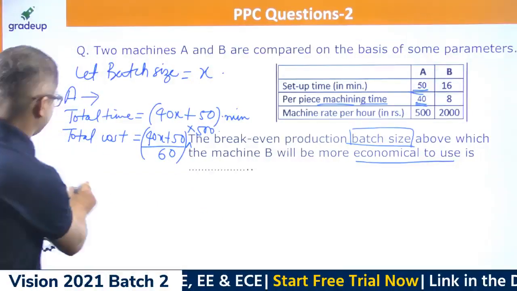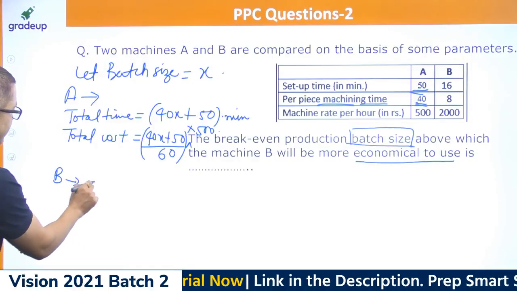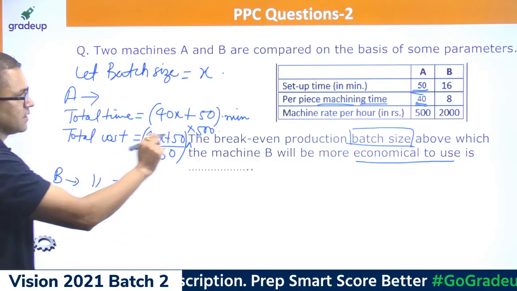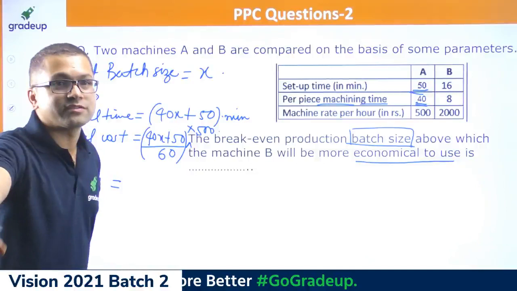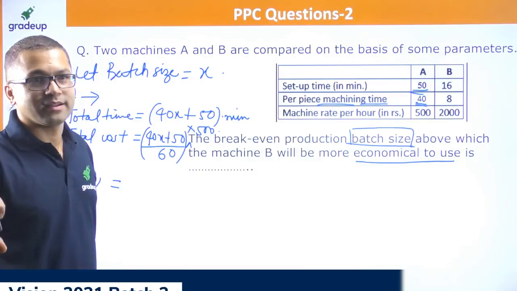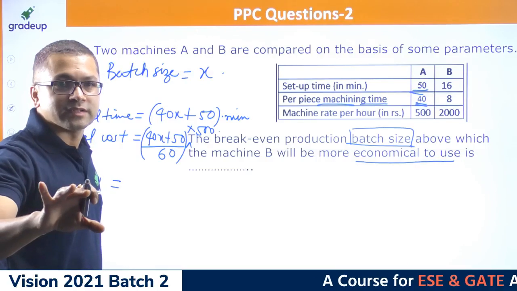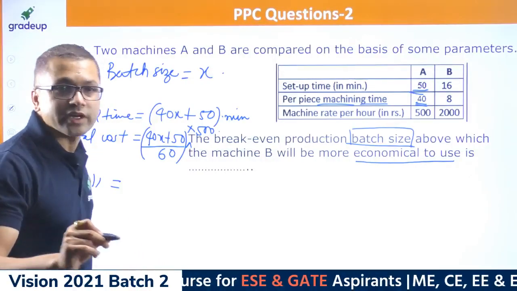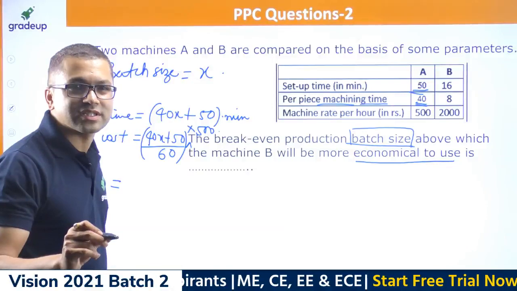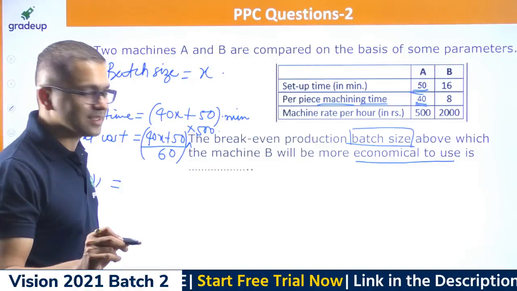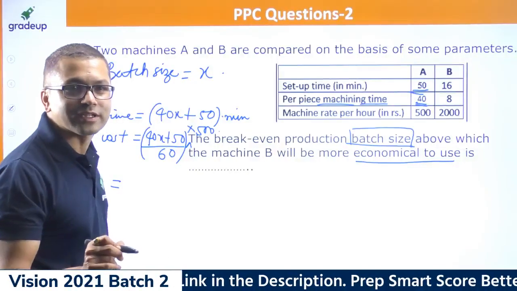Similarly for B, I can write the total cost like this. What should be the total cost for B? Just type in, guys, okay? 500 into 500 upon 60. It should be upon 60, okay? Mohammed, I think you made a typing error there.